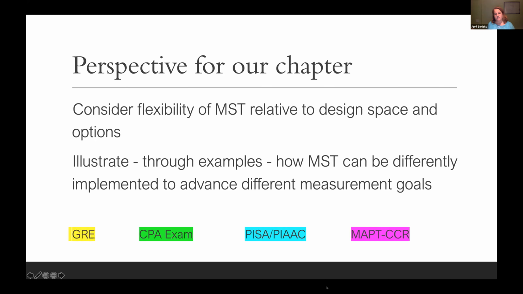And then the MAP CCR, which is the test that I work on in Massachusetts for adult education, and we're measuring gain over time. So whereas the other three tests are maybe measurement at a single point, we're doing pre and post testing and trying to measure gains over time. So there's different ways that MST can be used. And when you look at these 4 tests, and these are just 4 tests out of a lot of different MSTs, they're very different, but they're all functioning differently to achieve different measurement purposes.